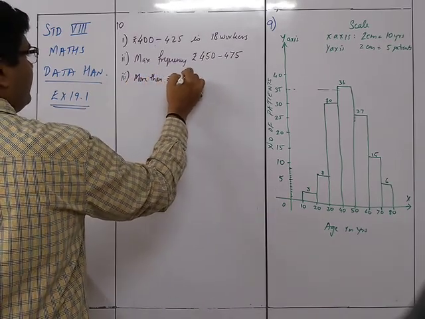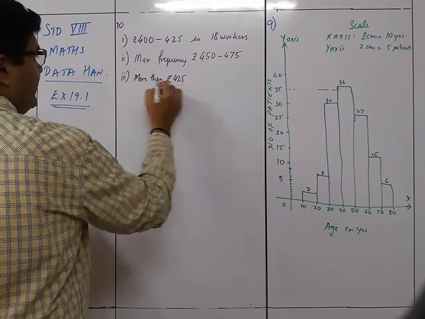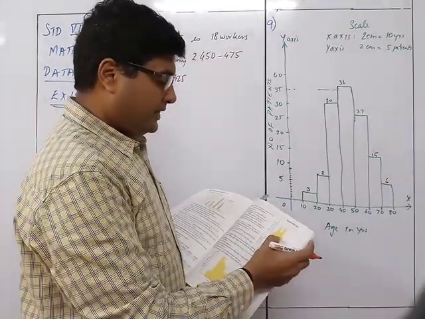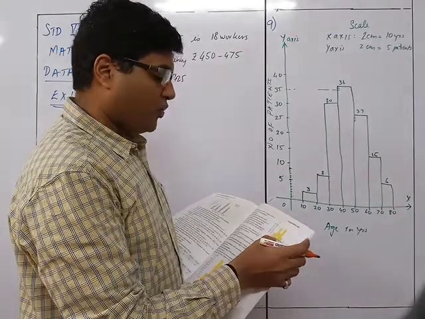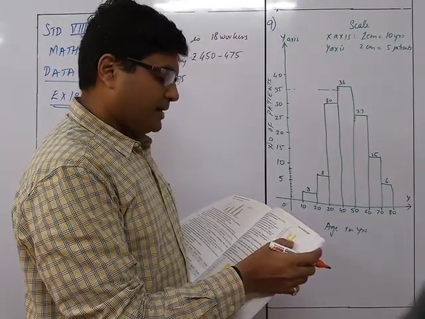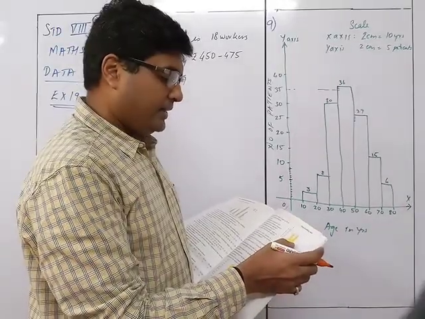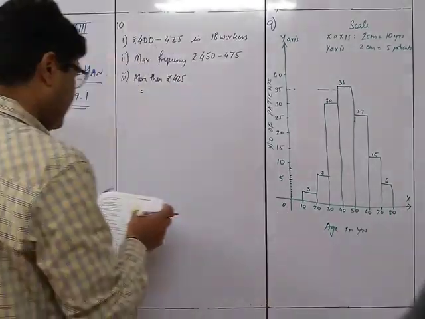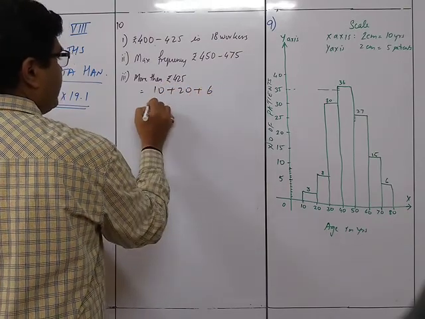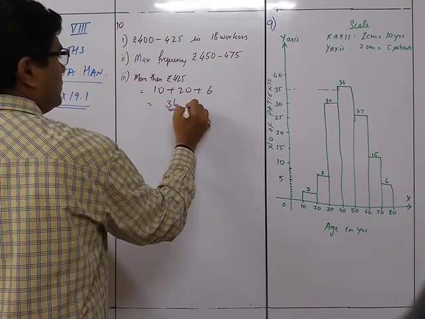So 425 ends over here, and then you can see the first one is 425 to 450 is 10. Okay, uske baad it's 20, and then it is 6. So it is 10 plus 20 plus 6. So that makes 36 workers.